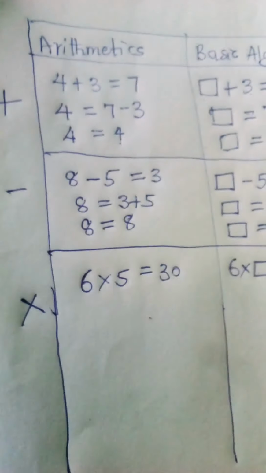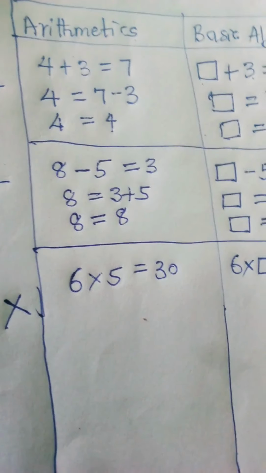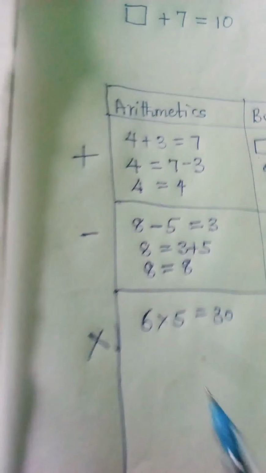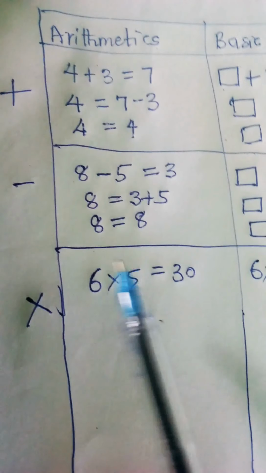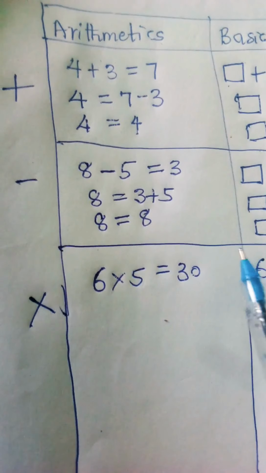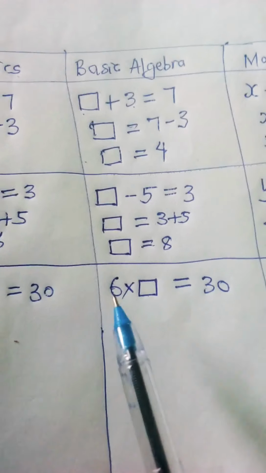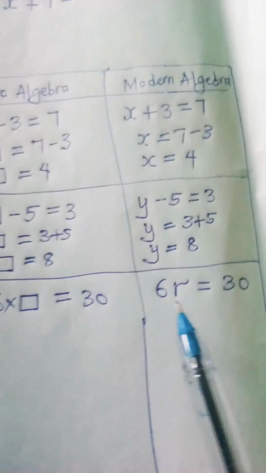Here we have moved to multiplication in this third row. Two numbers multiply themselves to give an answer. Now they ask us, what do you multiply with 6 to get a 30? And here we come to the modern algebra, which is 6 times r equals 30. And we refuse to bring the symbol times because we think it resembles one of the letters of the alphabet.